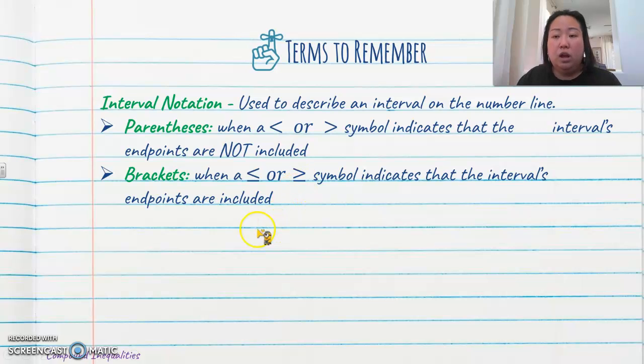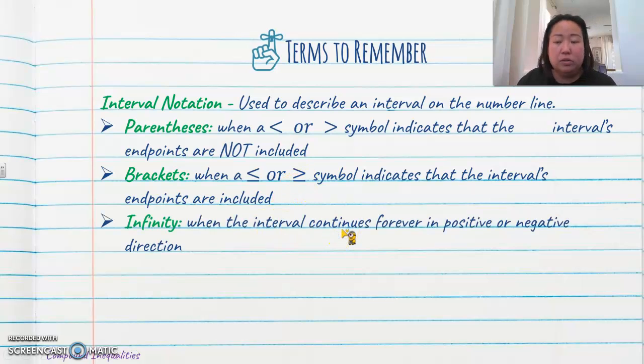Those arrow symbols are represented by the infinity sign. So it continues forever either in the positive direction, so that's going to the right, or it goes forever in the negative direction, so that's when you are trying to represent pointing to the left, okay?